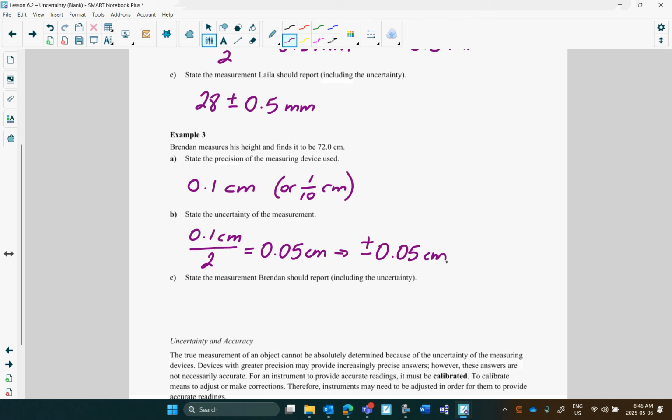And then to state your final measured answer, you take the measurement that Brendan got, 72, don't forget the 0.0, plus or minus 0.05 centimeters. Okay. So those could be questions you could see.